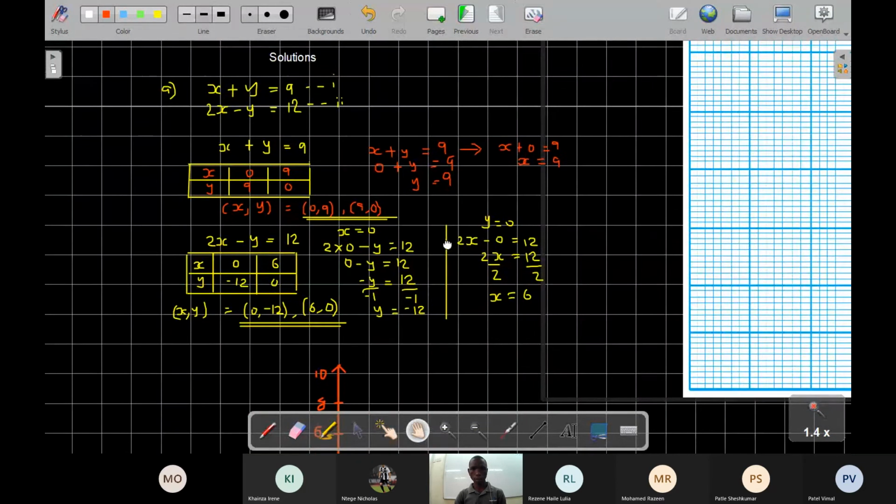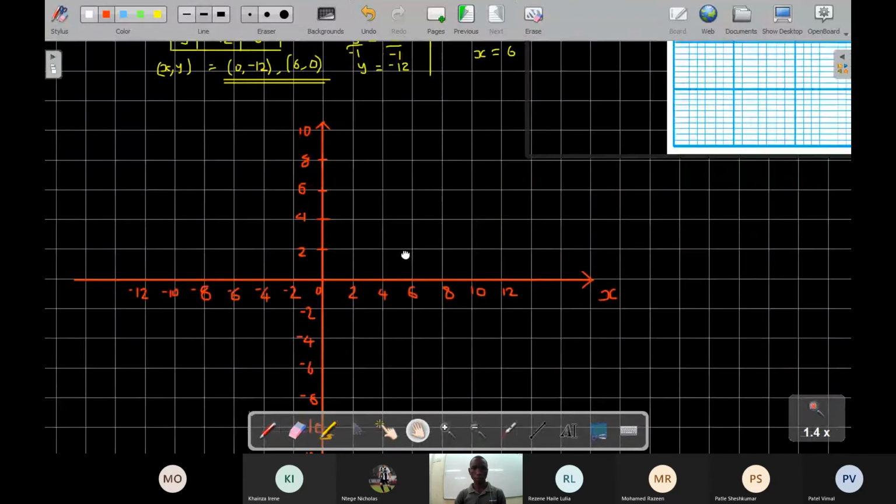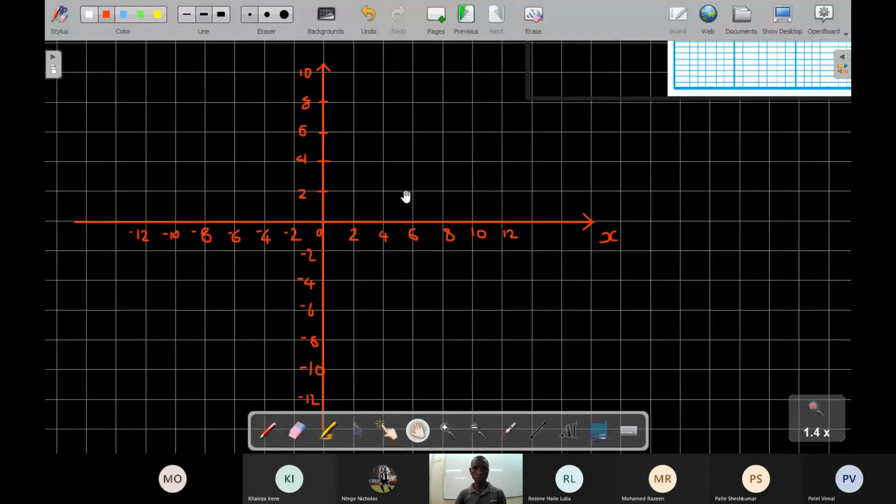The first one, we have the coordinates 0, 9. Meaning I look for 0 on the horizontal axis and then 9 on the vertical axis. On the horizontal axis, 0 is here.